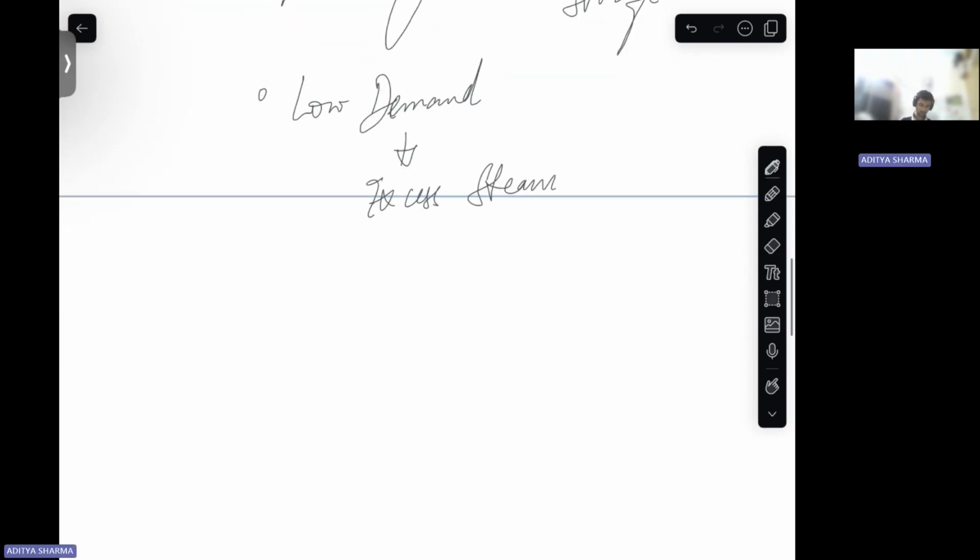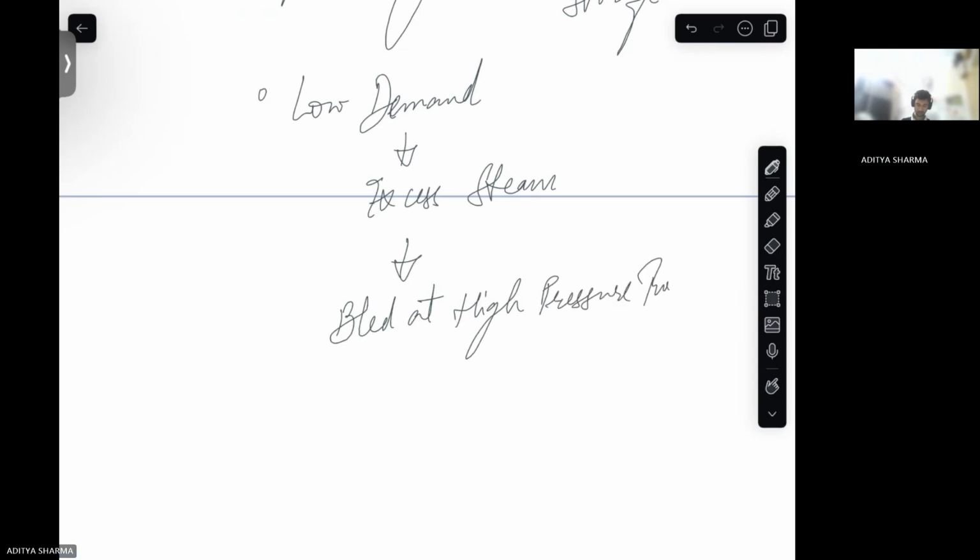So what you do to this excess steam is, this is bled at the high pressure turbine.